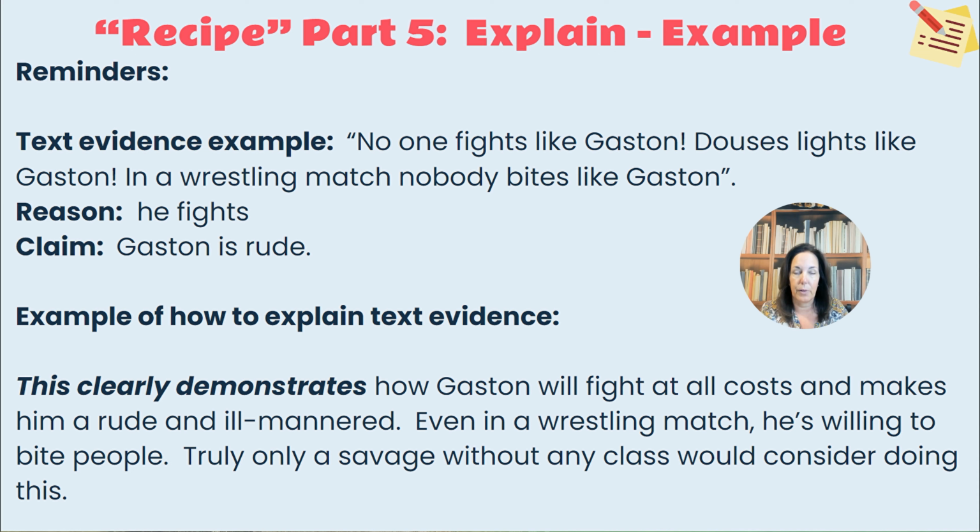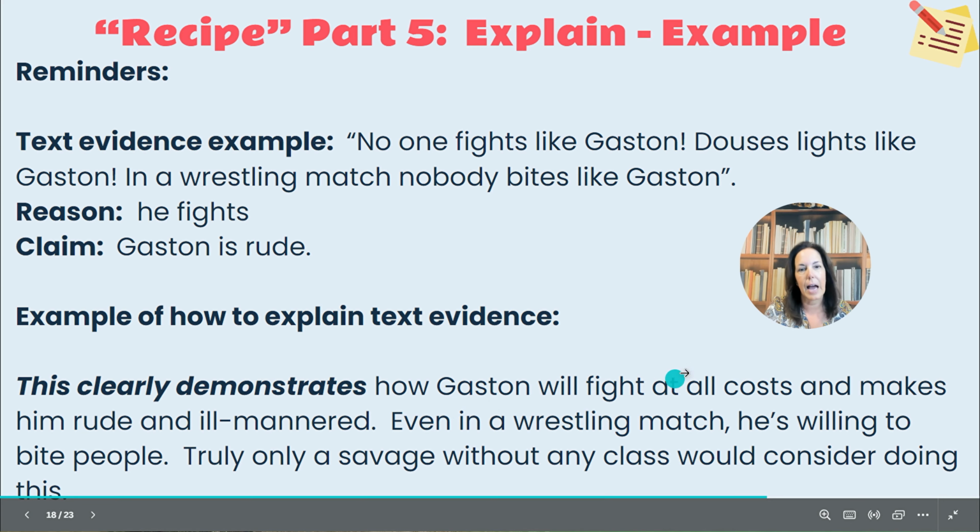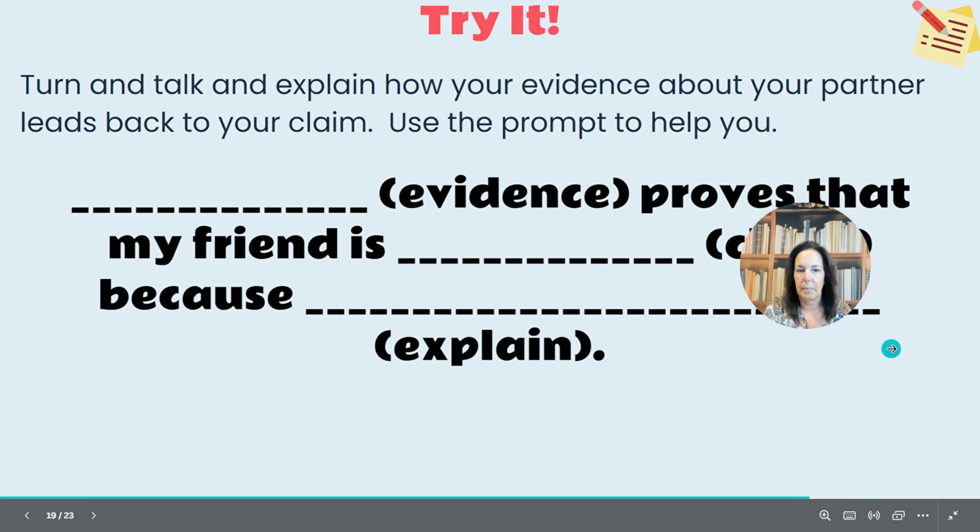So here's an example of how to explain: this clearly demonstrates how Gaston will fight at all costs and makes him rude and ill-mannered. Even in a wrestling match, he's willing to bite people. Truly, only a savage without any class would consider doing this. All right, so you notice how I did this in 3 sentences. I used my sentence starter to help me and I elaborated on it a bit.